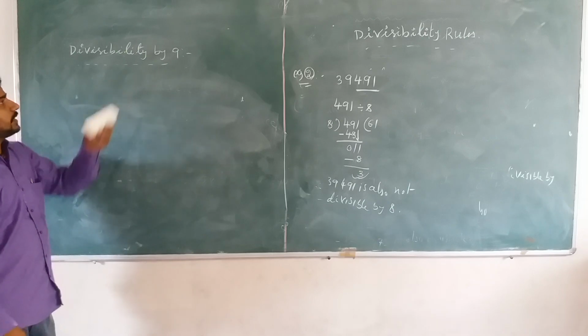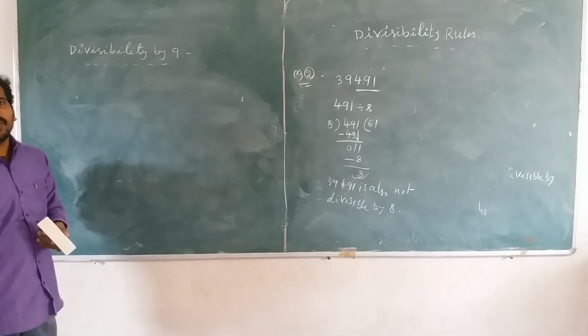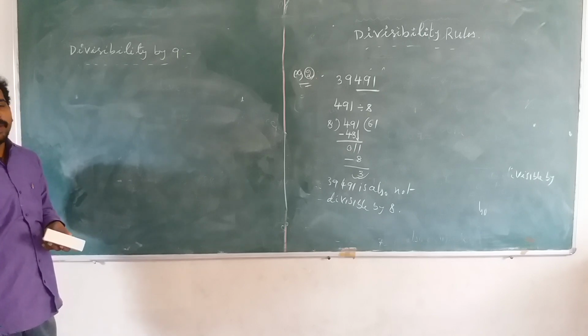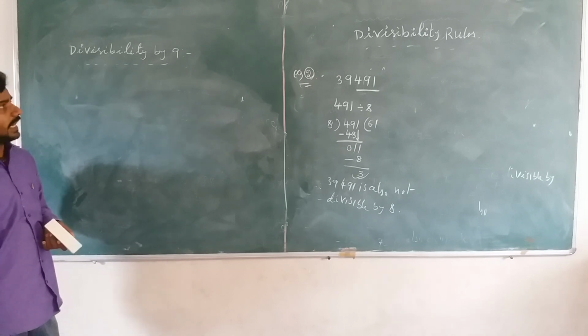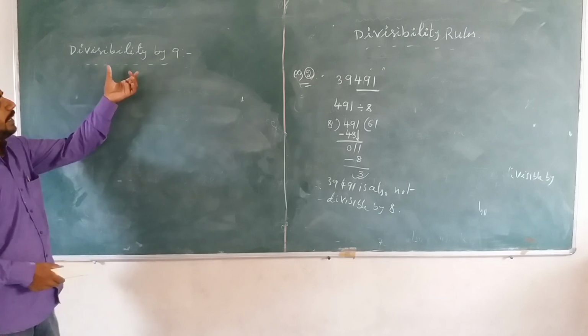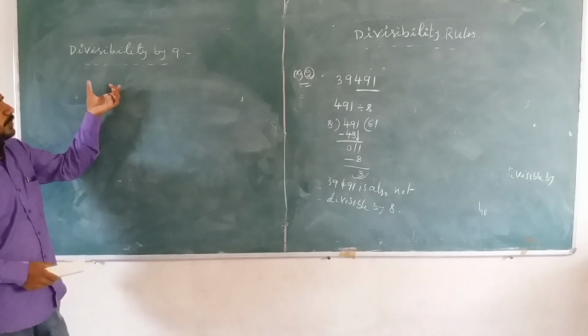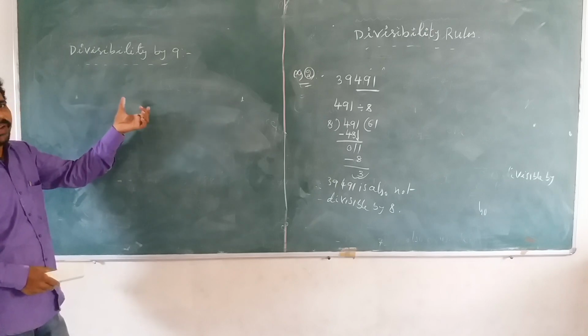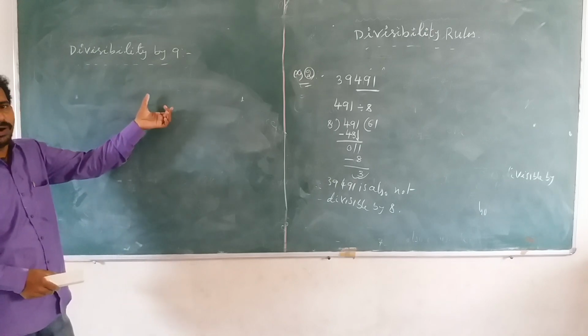What is this rule? A number is divisible by 9 if the sum of the digits of the number is a multiple of 9. Once again, children, about divisibility by 9: a number is divisible by 9 if the sum of the digits of the number is a multiple of 9.